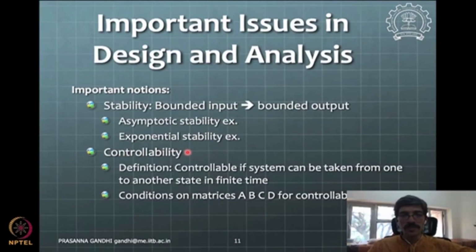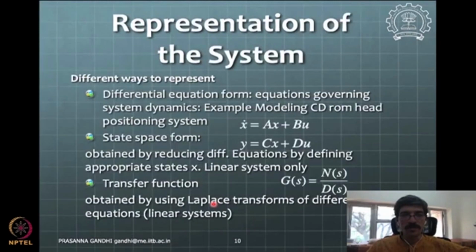By definition, a system is controllable if it can be taken from one state to another state in a finite amount of time. Okay, so controllability and observability are two definitions that are defined in the domain of state space representation of the system.